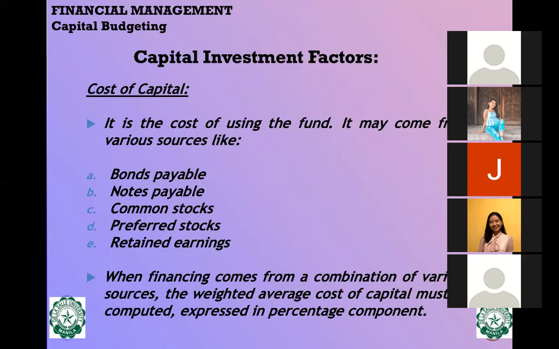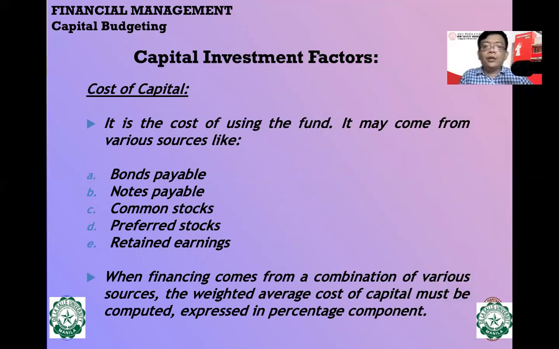Alright, next, capital investment factors. Ito yung ating discussion din tomorrow about cost of capital. Cost of capital is the cost of using funds that may come from various sources. Cost of debt.